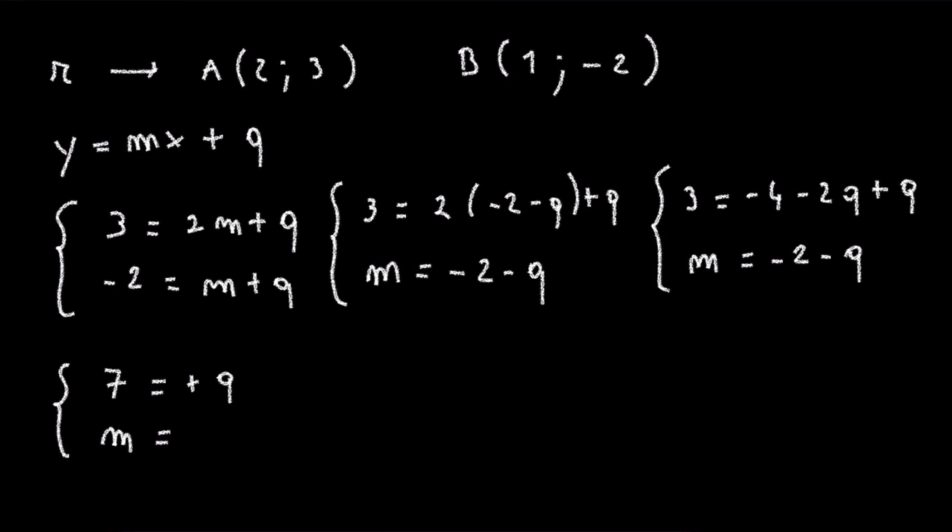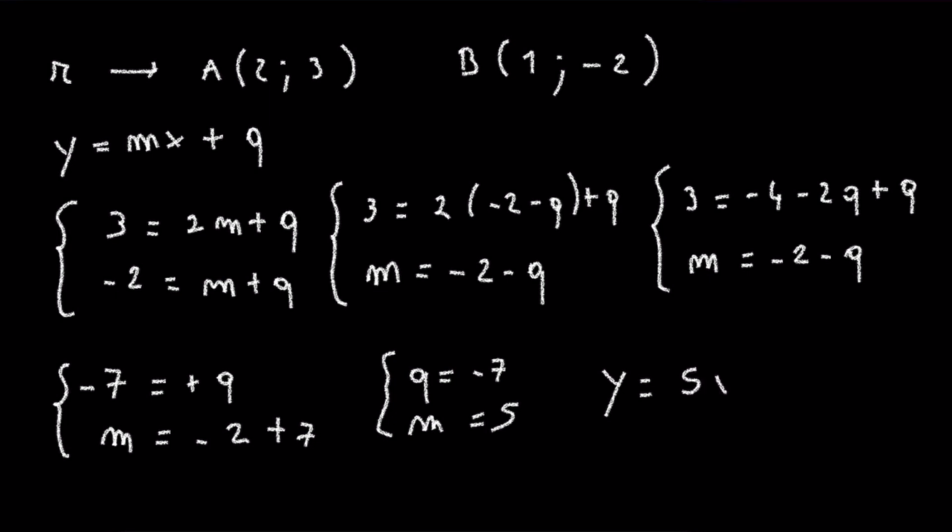So basically it's q equals minus 7, and therefore m is minus 2 plus 7. So finally we have q equals minus 7 and m equals 5. So we can write the equation as y equals 5x minus 7.